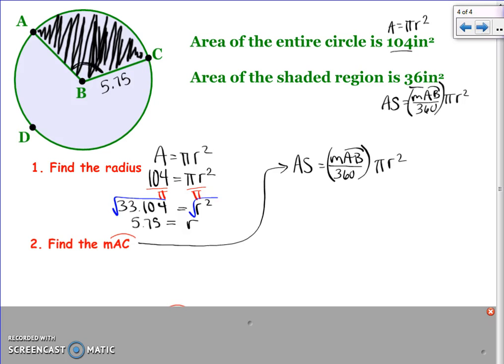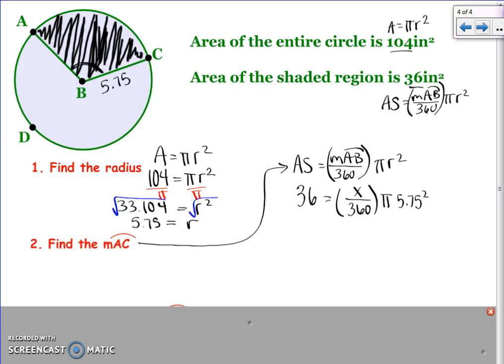So what do we know in this equation? We know the area of the sector is 36, so we'll put that there. We don't know the angle, that's what we're looking for, so we'll put an X there. And we just figured out that the radius is 5.75.